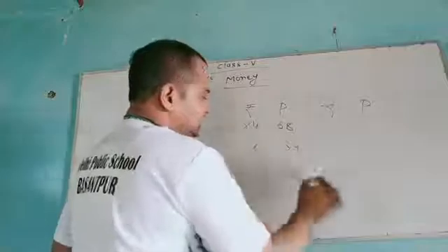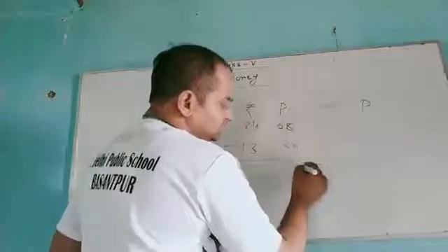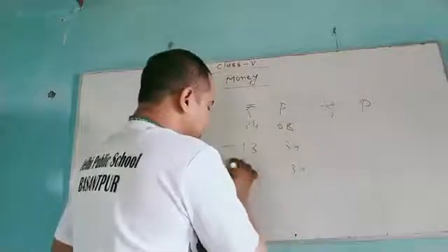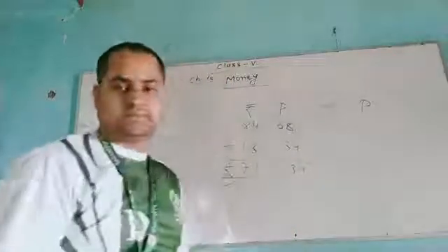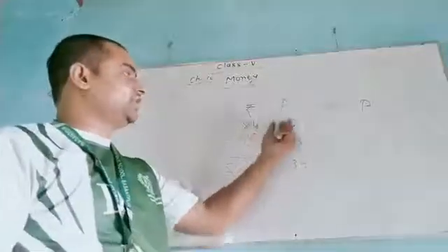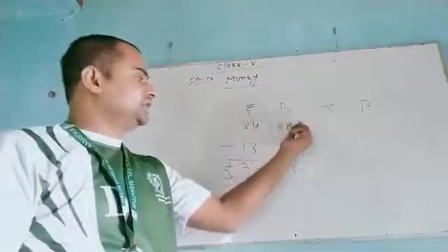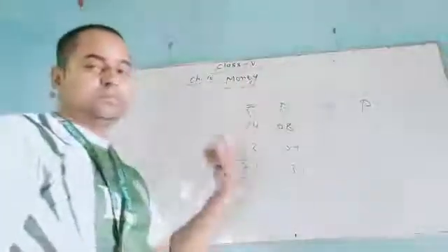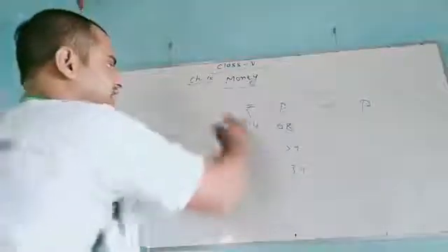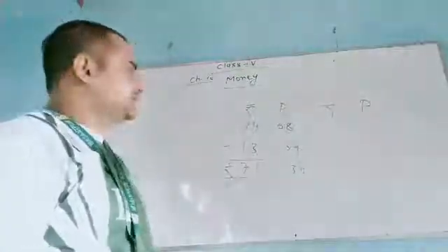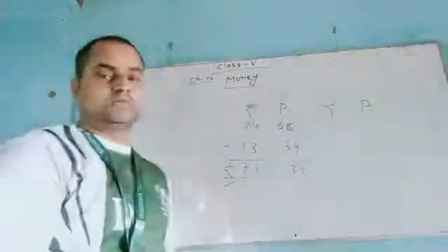You subtract the same way: 4, 3, 1, 7. Your answer is right. Okay, for any carry over, if the upper side has a small number and the lower side a big number, you take the carry from the previous numbers. Okay, students, same method of subtraction, you solve all the questions from your exercise.